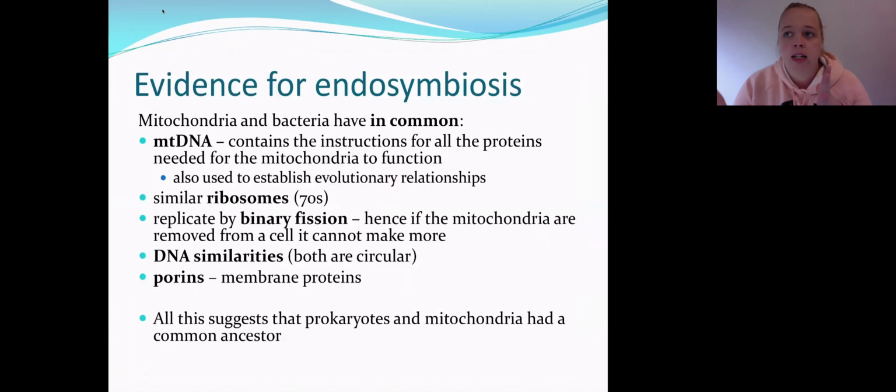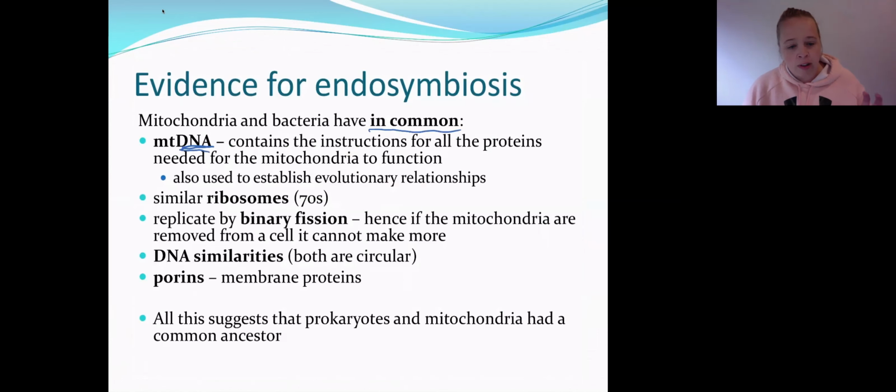So when you're thinking about writing an answer to the question as to what the evidence is that a mitochondria used to be a bacterium, you need to say what they have in common. Okay, so the biggest thing they have in common is they've both got DNA.